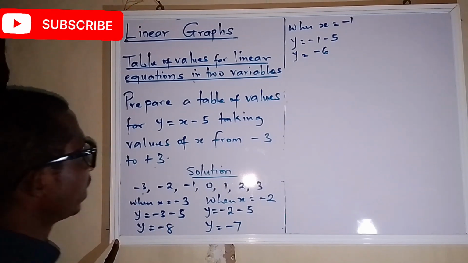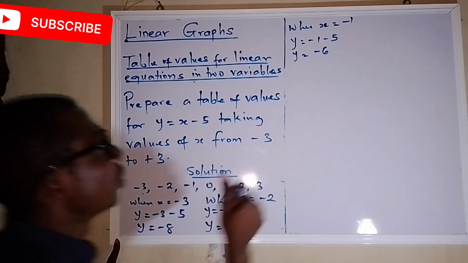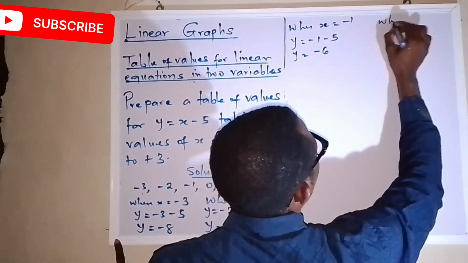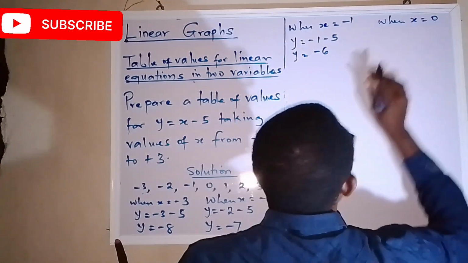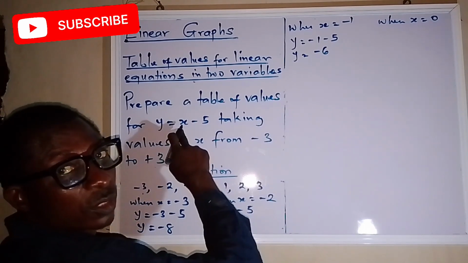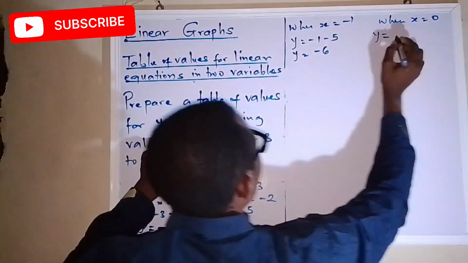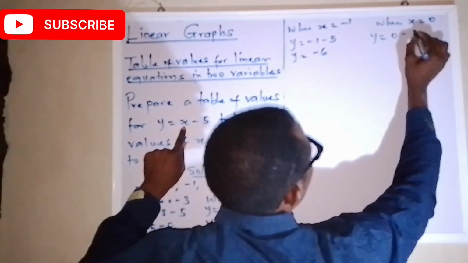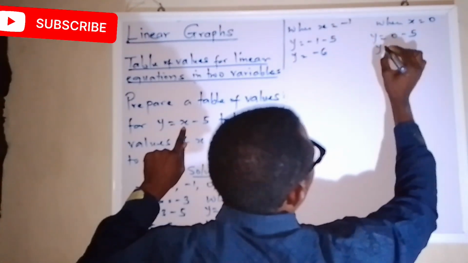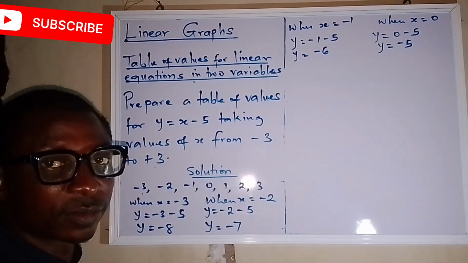Okay, so what's the next one? 0. When x is 0, you write the equation again, but you are changing x to 0. So you have y equals 0 minus 5. So 0 minus 5 is minus 5.